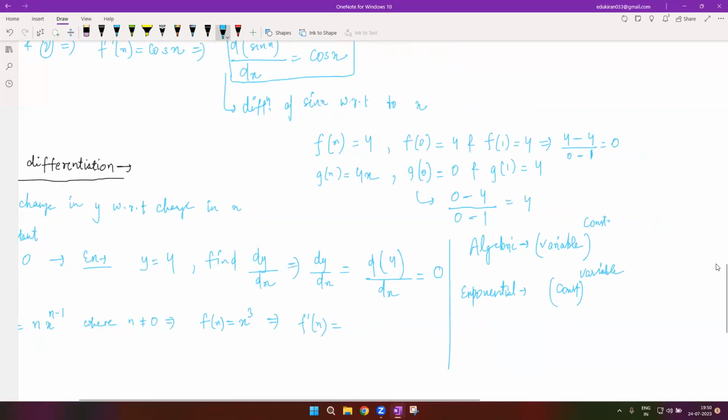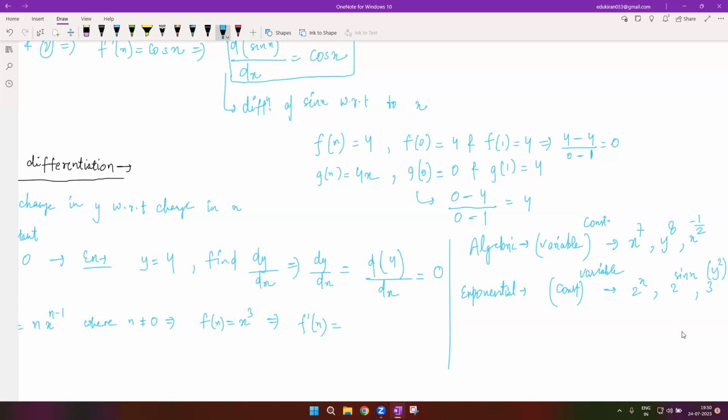I'll also write some examples here. See, x to the power 7, y to the power 8, x to the power minus half. All are of the type variable to the power constant. While these are of the type 2 to the power x, 2 to the power sine x, 3 to the power y, or 3 to the power y square.